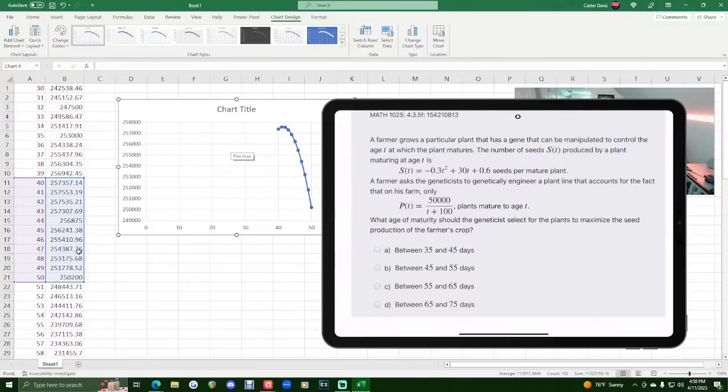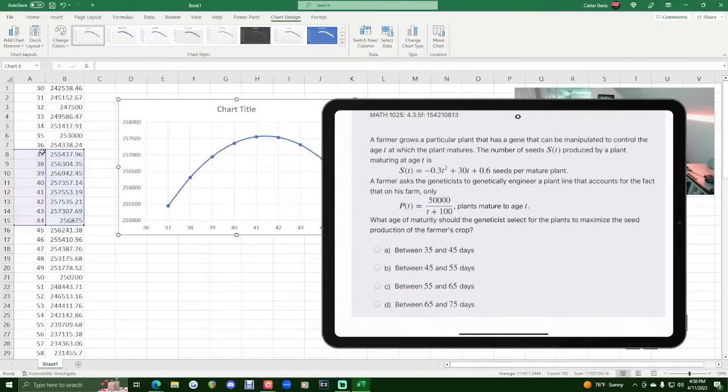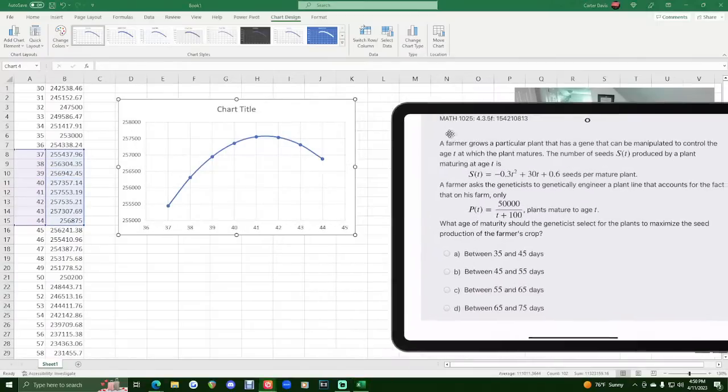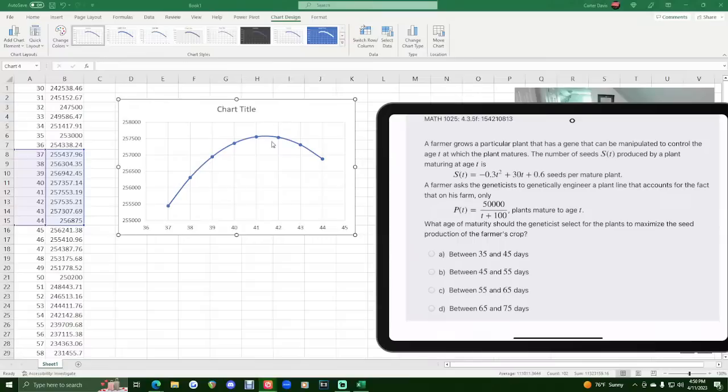But I guess that helps us see our answer, because if we go a little tighter, oh, that's beautiful. So play around with it, I guess. We can see that the max is definitely in the early 40s here, and then it starts to go down. Okay, so early 40s, we're looking at between 35 and 45 there.